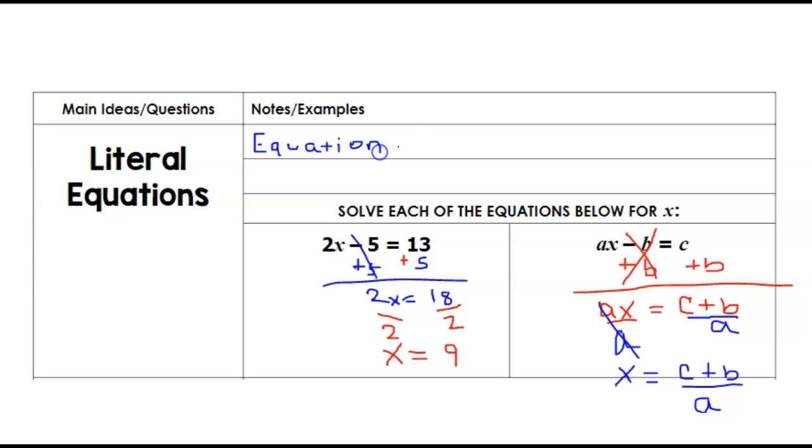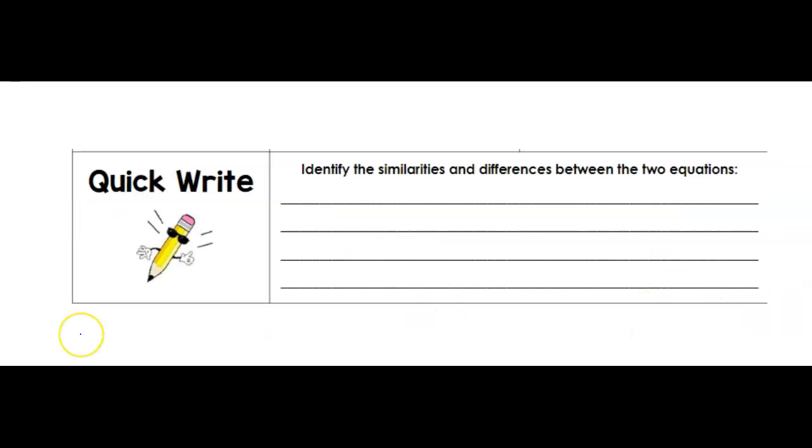So what I want you to do right now is find one similarity between the two equations we just did, and then find one difference, and write that down. One similarity and one difference. I'll give you a second to think about how those two equations were similar, and how they were different.